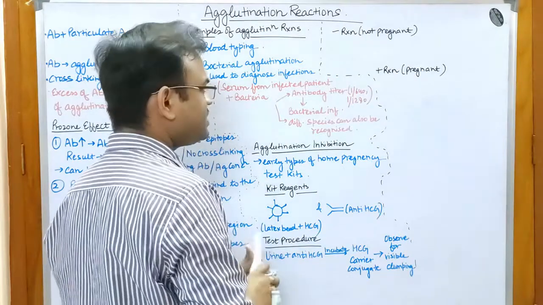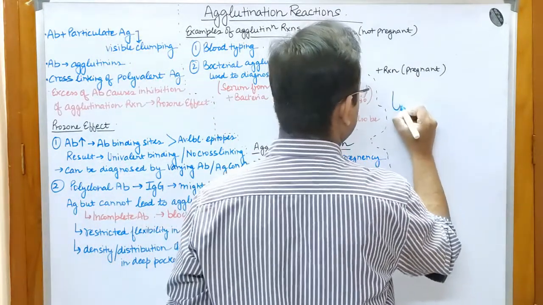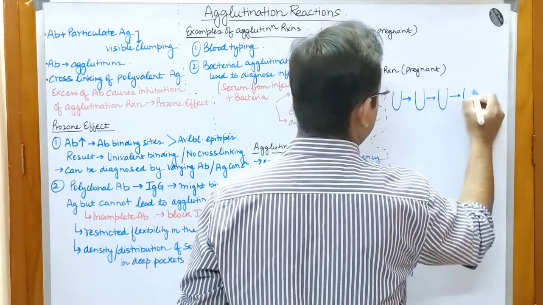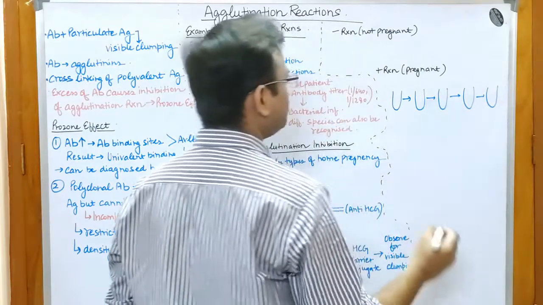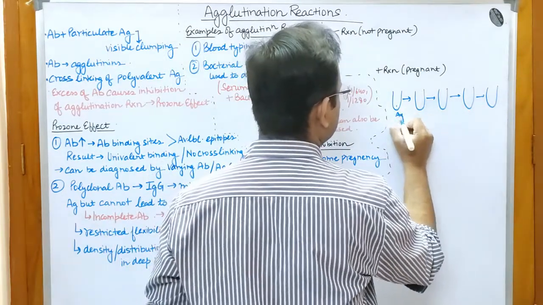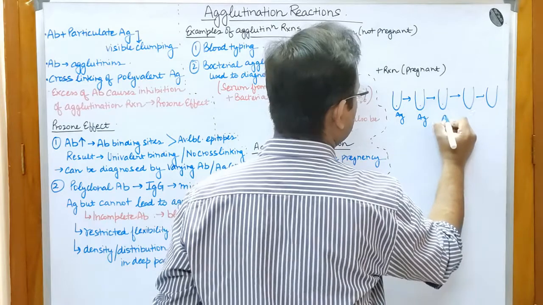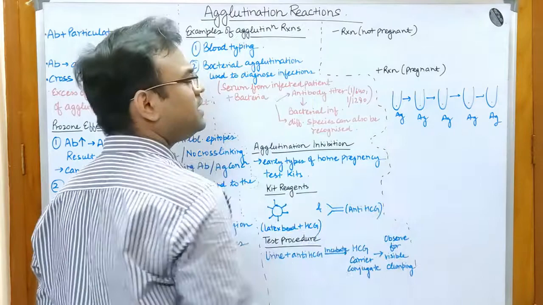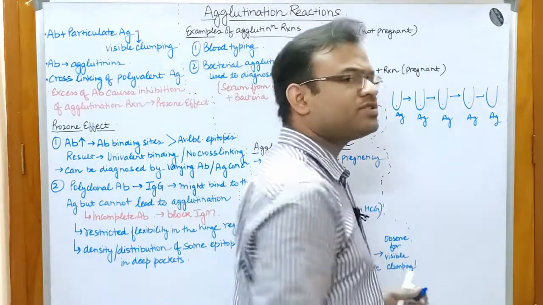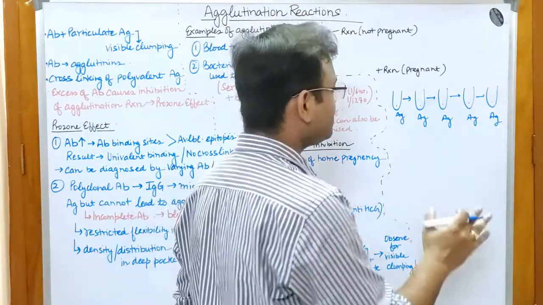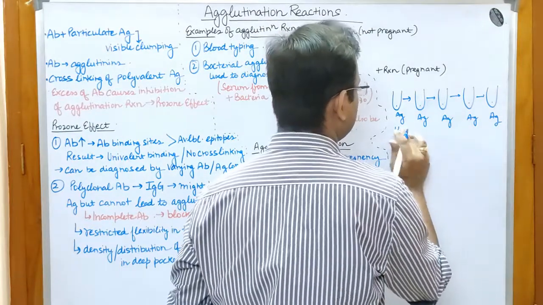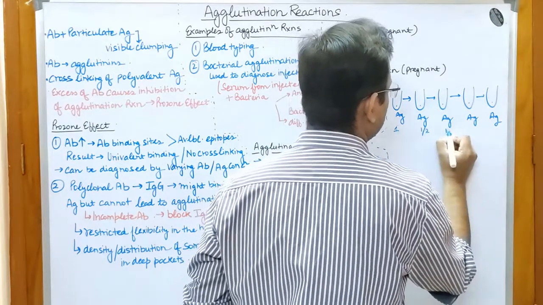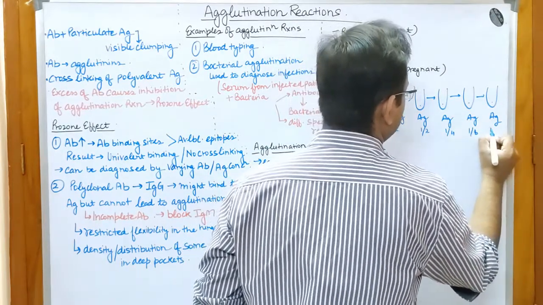Suppose this is one test tube, diluted, diluted again, diluted again, and you have mixed the same particular amount of antigen to all of them. Now since you are diluting the antibodies, what will happen at a given concentration? Suppose this is 1, the complete antibody, highest concentration, this is 1/2, 1/4, 1/8, 1/16.